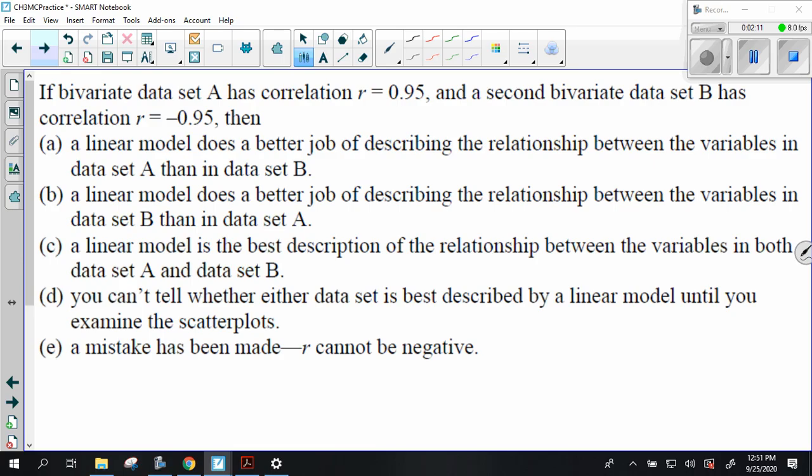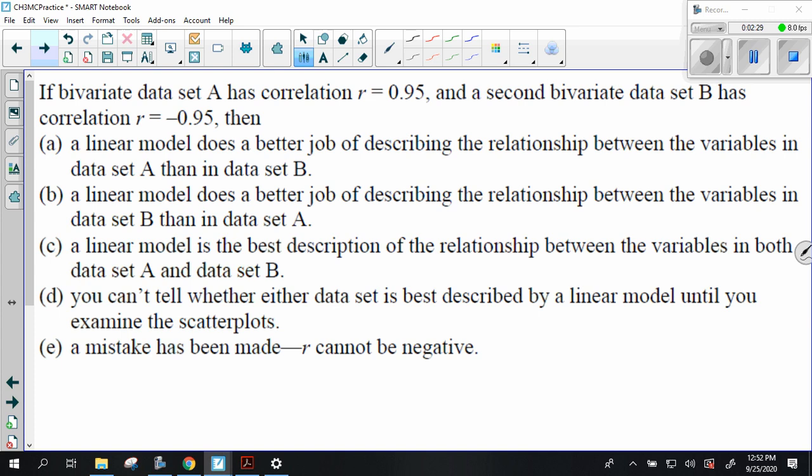If some bivariate data has a high positive correlation, and then we've got another one that has a high negative correlation, right? Then what would we say?